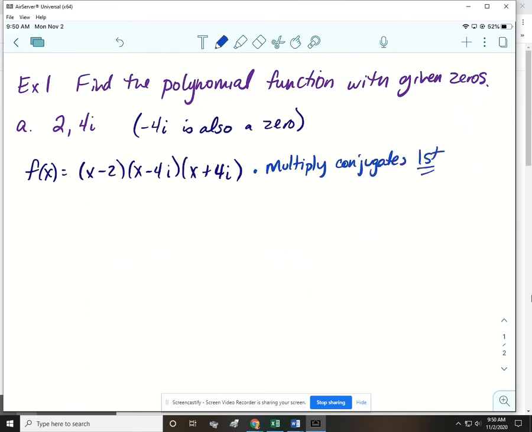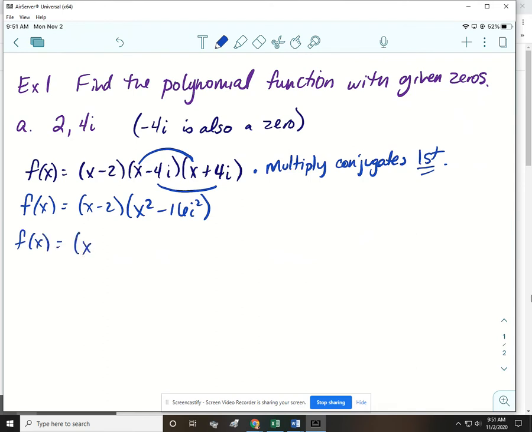So it looks kind of intimidating when you see imaginary factors, but if we multiply those together, it actually will get rid of the i's because we multiply the first, we can do the shortcut, and then the last. Anytime we have an i squared, it can be simplified, and negative 16i squared is really just positive 16.